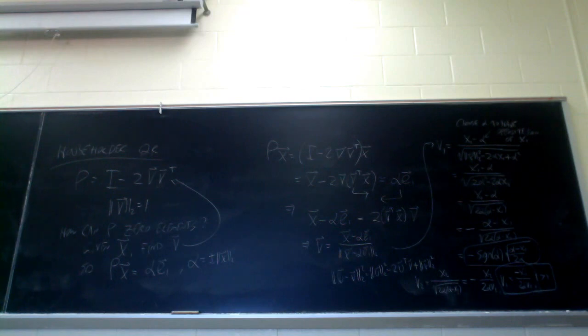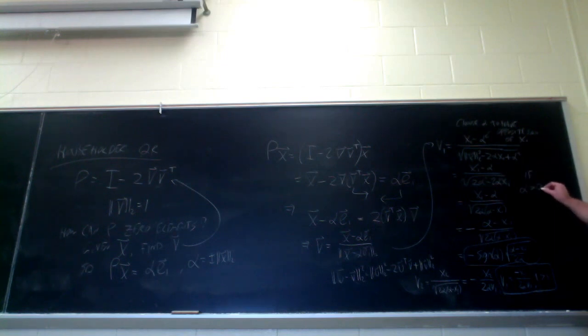Now, one little wrinkle to keep in mind is, let's suppose that we choose alpha to be positive. So it's a positive 2 norm of x.